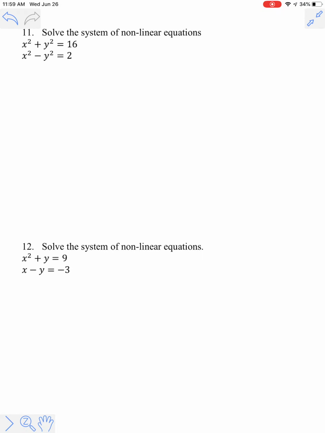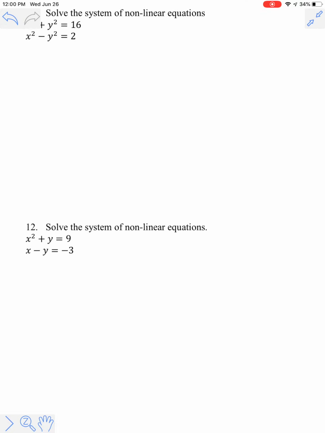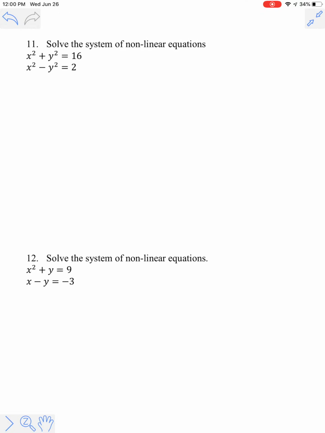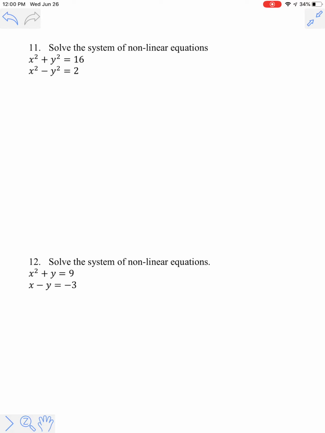So question 11 would be from section 5.4, solve system of nonlinear equations. So there you could, I guess, do this by graphing. These are kind of tricky to graph, and it's not the most accurate way, so we're going to solve using one of the two algebraic methods, either substitution or elimination.